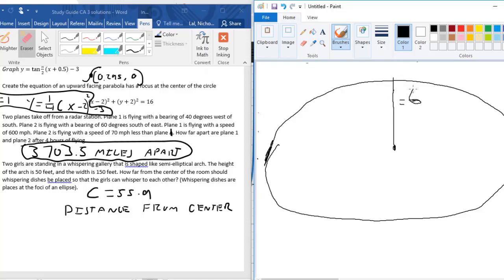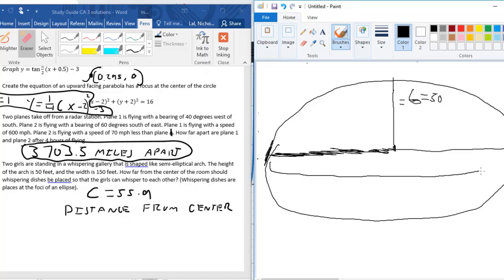So that's B. That's equal to 50. If 2A is 150, so 2A is 150, that means A is 75.